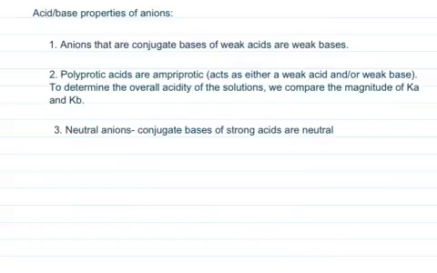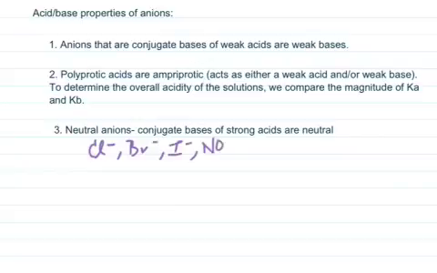The next one is neutral anions. Conjugate bases of strong acids are neutral. So our conjugate bases of our strong acids are chlorine, negative, bromine, negative, iodine, negative, NO3 minus, which is nitrate, perchlorate, ClO4 minus, and HSO4 minus.